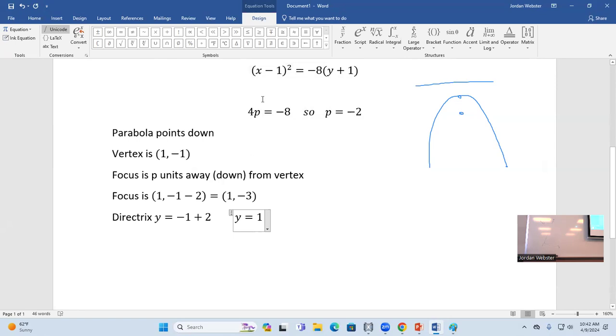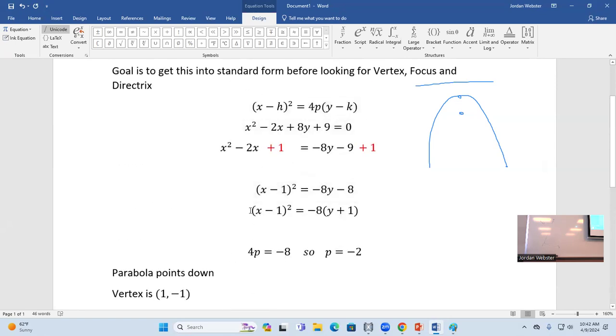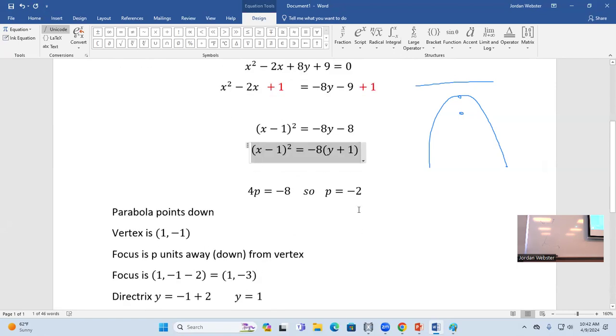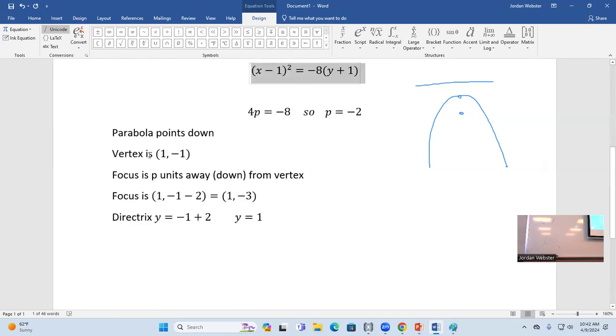So once I complete the square, I get my equation in standard form. Then it's pretty straightforward. I read off the vertex. I first decide whether we're pointing up, down, left, or right by which part's being squared and the negative or positive of the p.